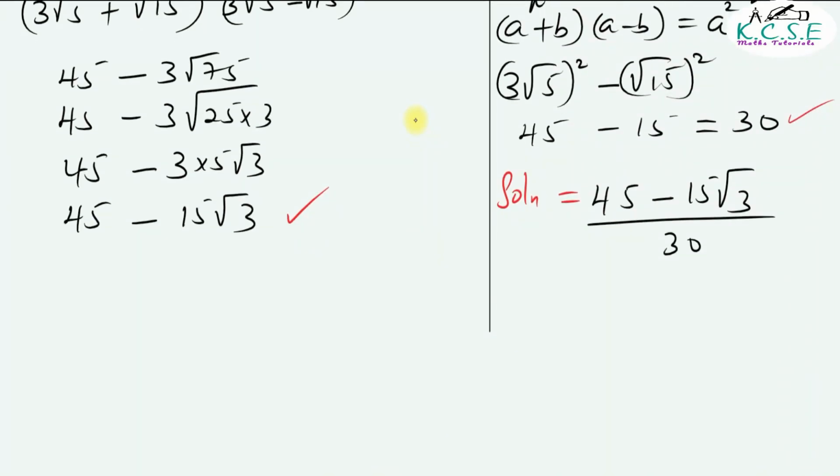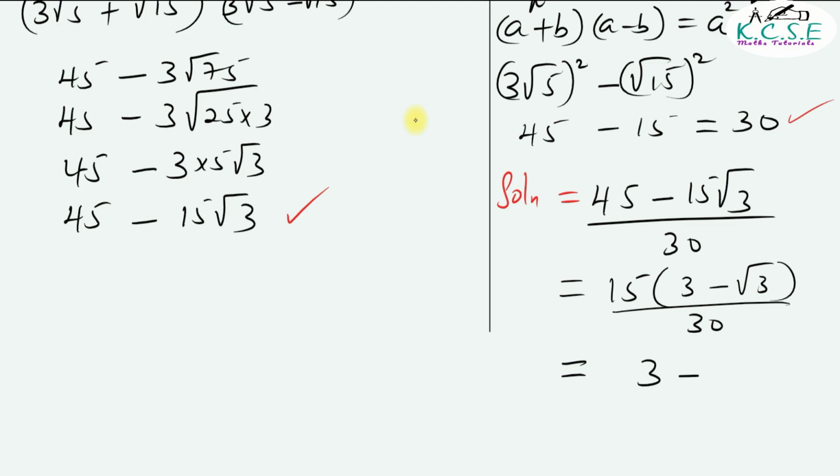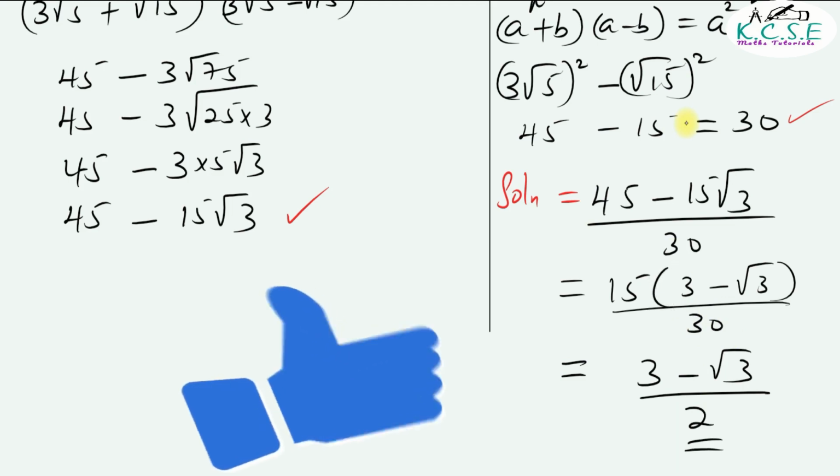So we can factor out 15, which is common in the numerator, and you get 3 minus root of 3 divided by 2. When you divide 15 by 15 you get 1, and 30 by 15 you get 2. So that is how you're supposed to work out that question.